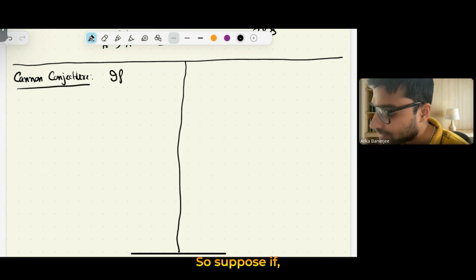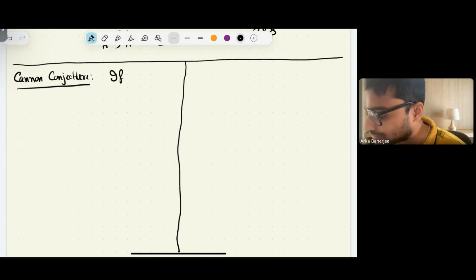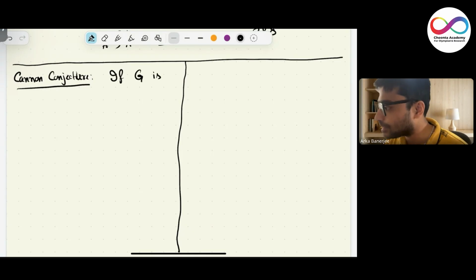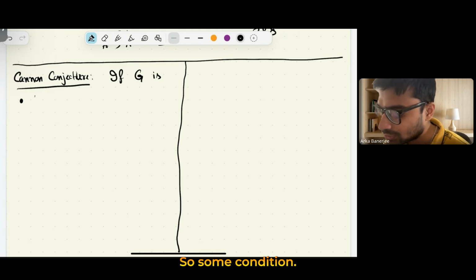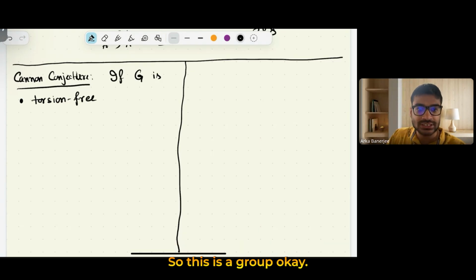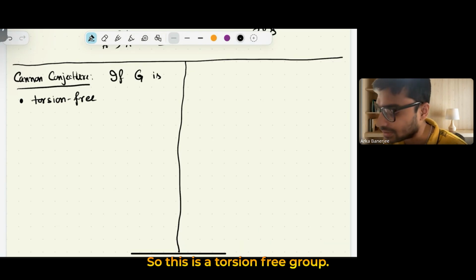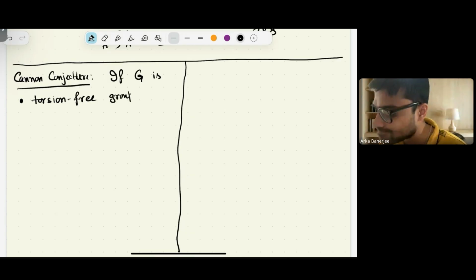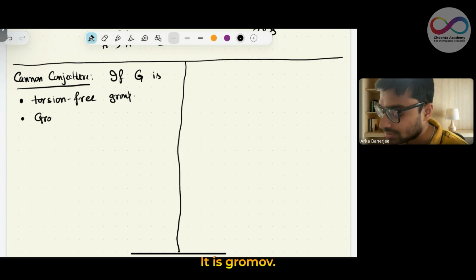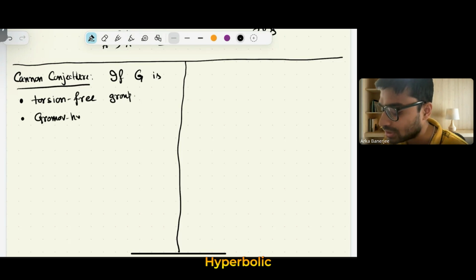So suppose G is a group with some conditions. It is torsion free, so that means there is no finite order element. G is a torsion free group. It is Gromov hyperbolic, or sometimes it's called delta hyperbolic.